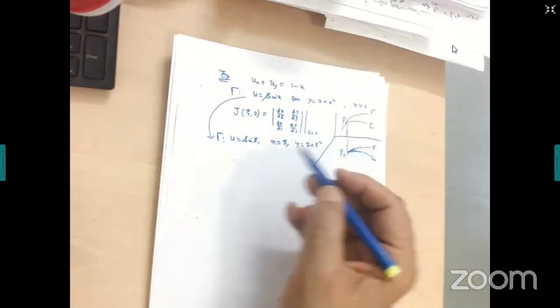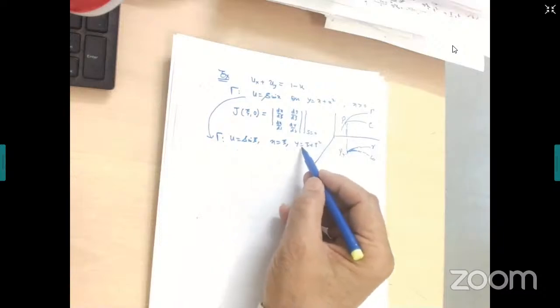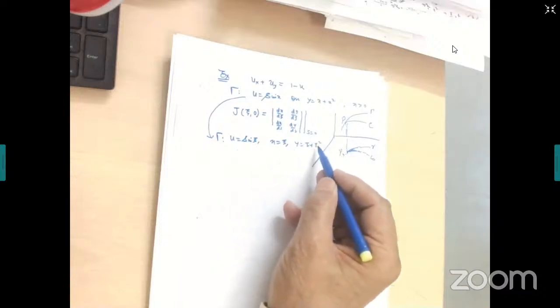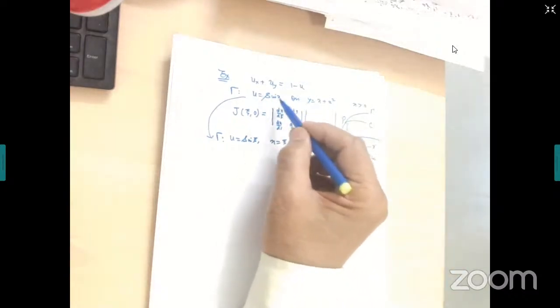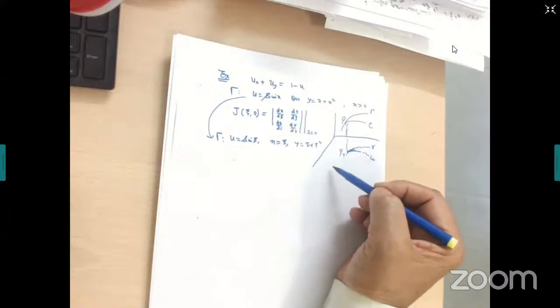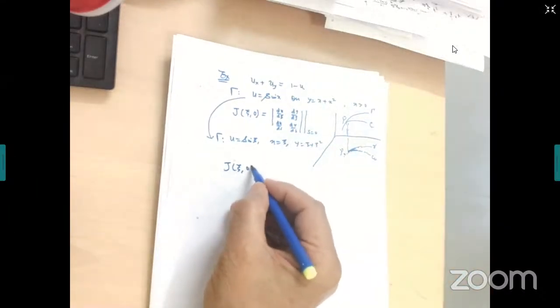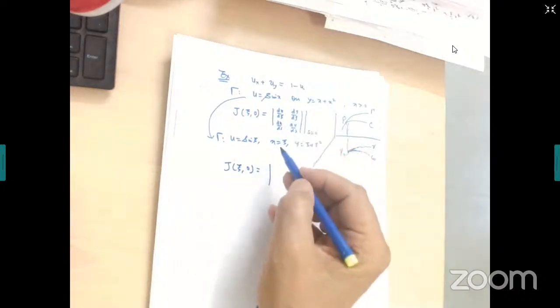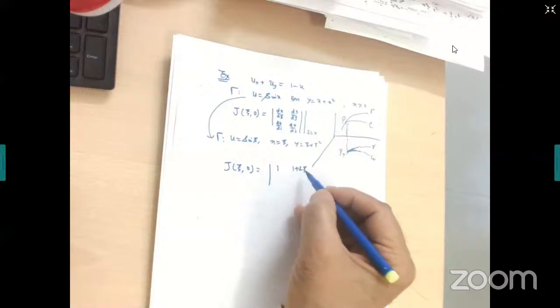The base curve would be x is equal to xi, y is equal to xi plus xi square, and in fact u is specified according to this rule on this gamma. So what do you get? J xi 0: dx d xi is 1, dy d xi is 1 plus 2 xi.